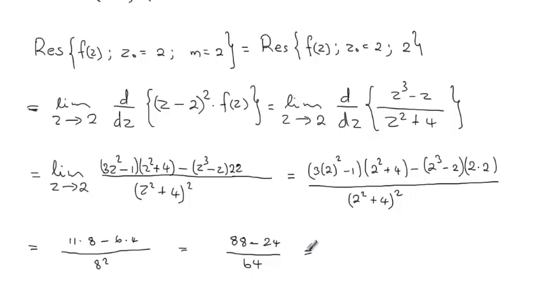Then this will be 64 over 64, which is equal to 1, which means that our residue at the repeated pole z equals 2 is 1. If all the calculations are correct, it must be equal to 1.